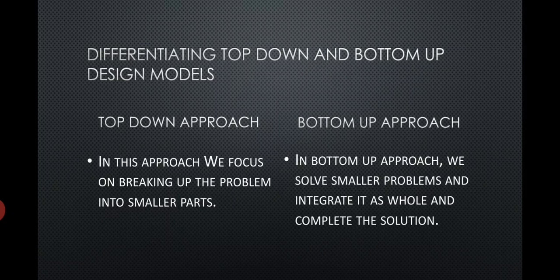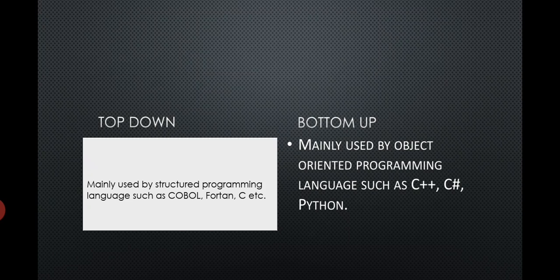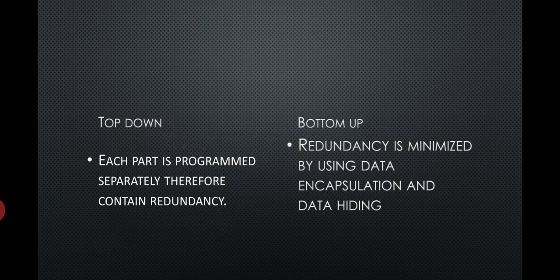So one is breaking down, and the other one is building up. Top-down is used by structural programming languages such as COBOL, Fortran and C, whereas bottom-up is used in object-oriented programming, because the object is taken into consideration first. Languages such as C++ and Python use this approach.